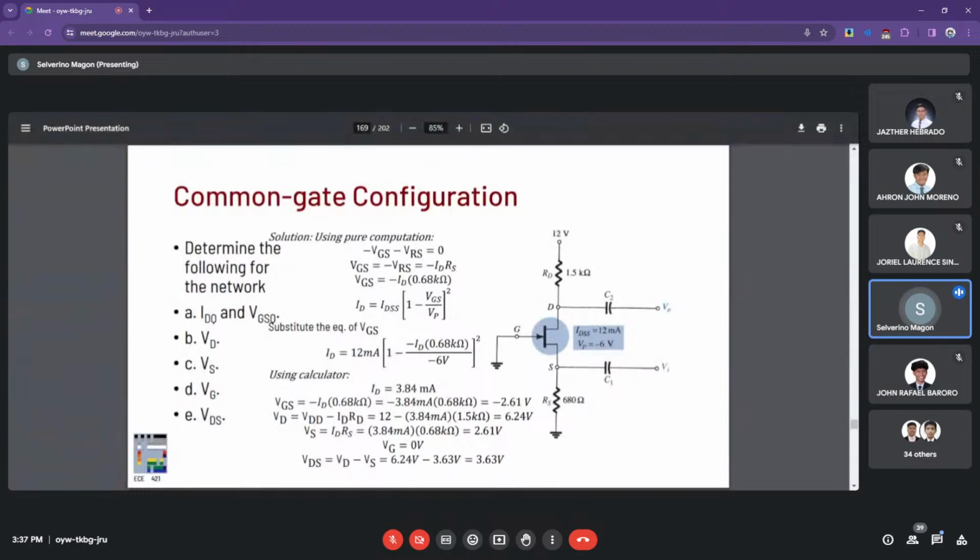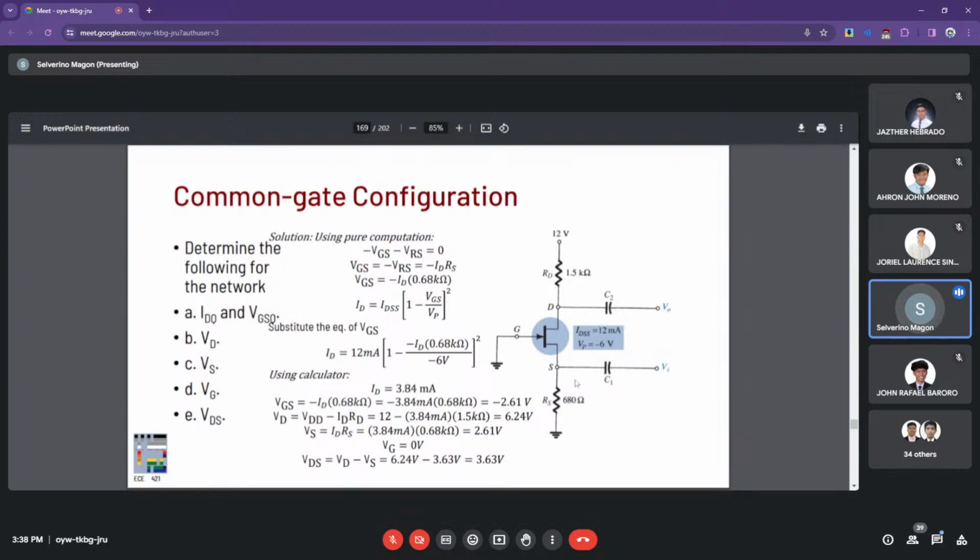Just hit shift solve for the second degree problem, and we come up with the drain current at 3.84. We'll use this drain current to solve again for VGS at the input loop. VGS is equal to IDRS, and it turns out to be negative 2.6.